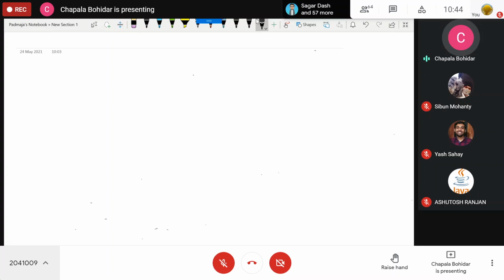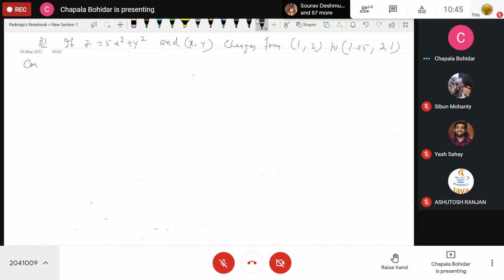If z is equal to 5x square plus y square and (x, y) changes from (1, 2) to (1.05, 2.1), compare the values of del z and dz.